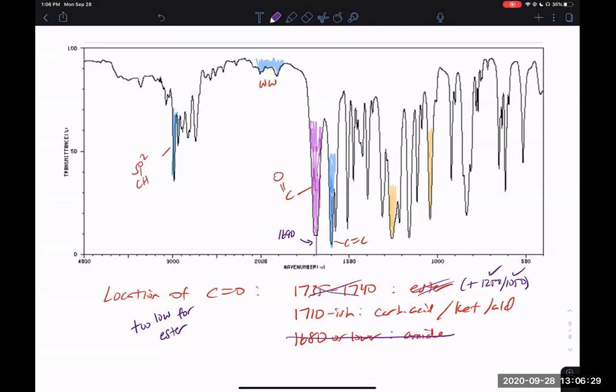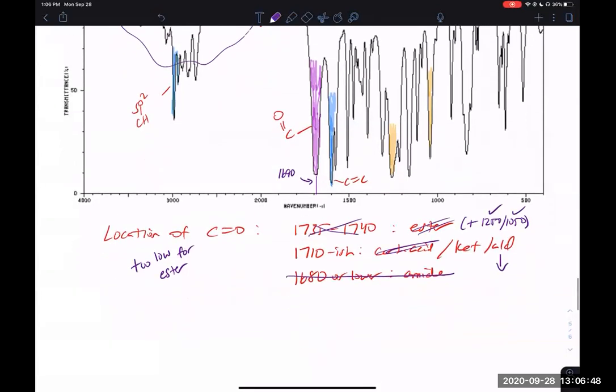So carboxylic acid, is it a carboxylic acid? No, I don't think so either. It hasn't got the big broad peak like that, so I'm thinking no on that. Ketone or an aldehyde? A ketone's hard to tell. An aldehyde, what were some peaks due to an aldehyde? Do you remember?